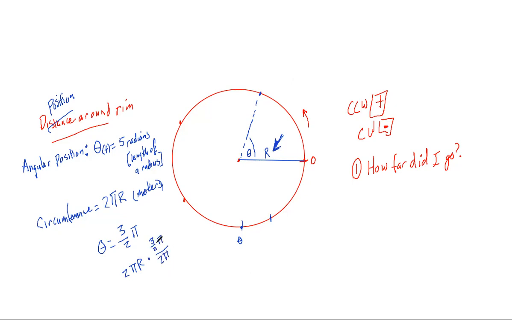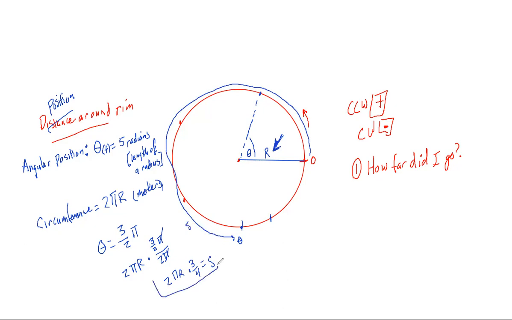What I'd end up getting is that 2 pi r, my total circumference, times 3/4 is equal to my actual position s around, where s is this distance, forgive the line, that distance in meters.